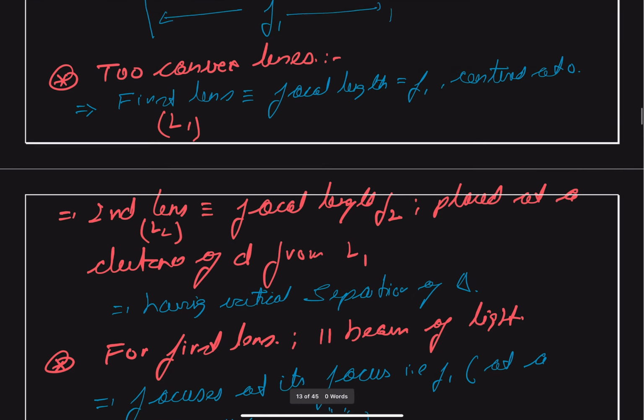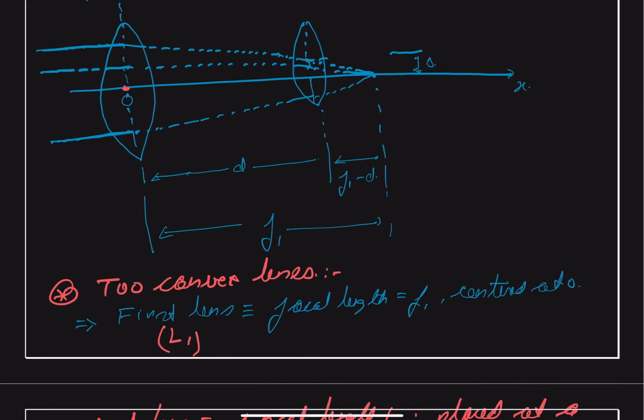Let us suppose the image that forms here, we are going to call I1. Now this I1 is going to act as a virtual object for lens L2. For that we can further draw an approximate figure. It will be going somewhere here, and this will be I2, not the exact one, but approximately here.